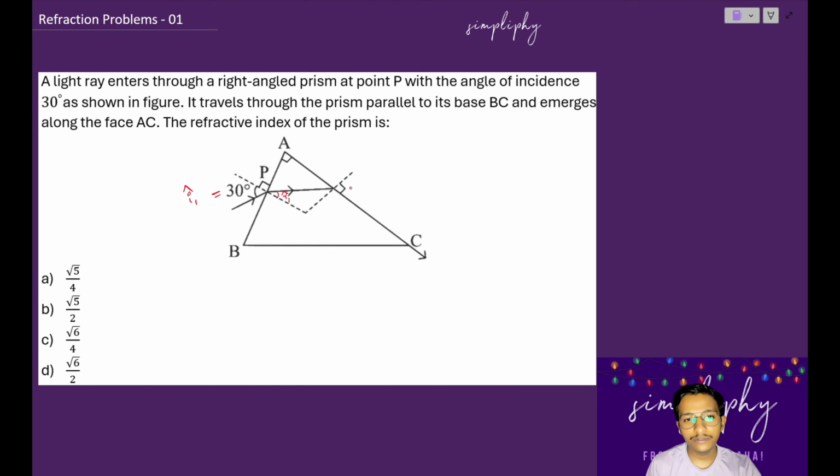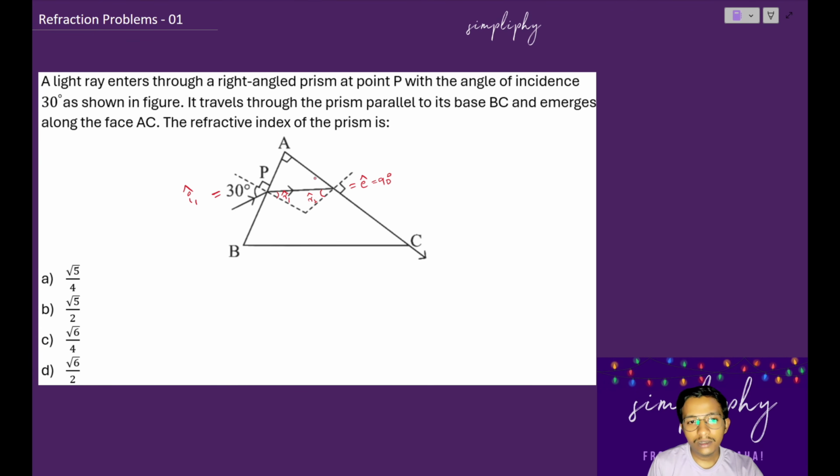So the angle of emergence E is 90 degrees. And let me choose the angle within the prism to be the angle of refraction R2.